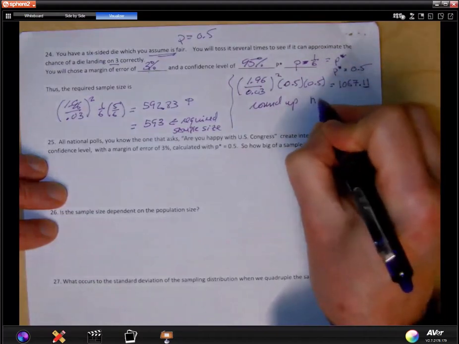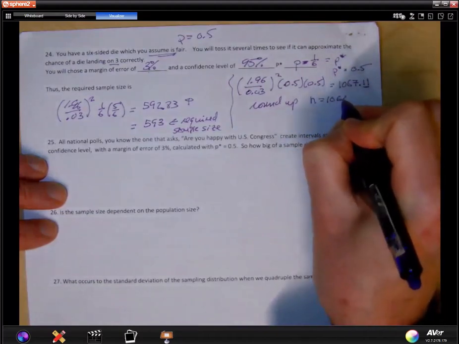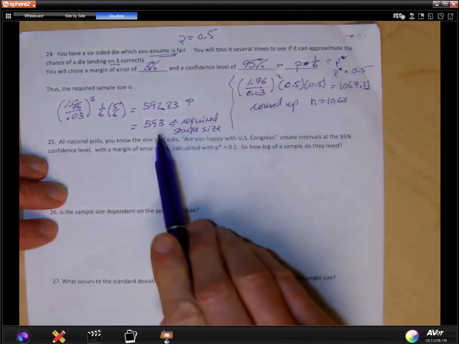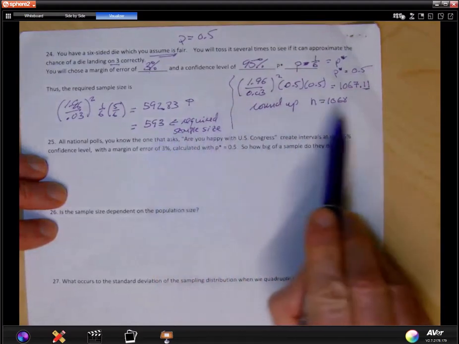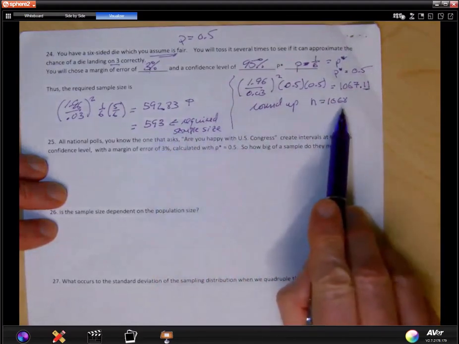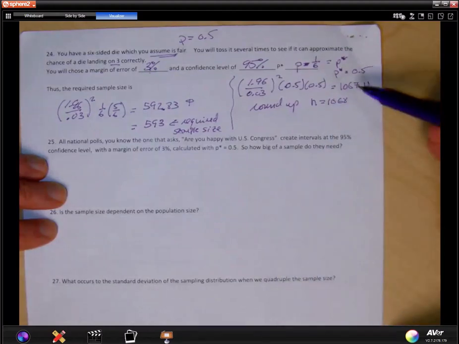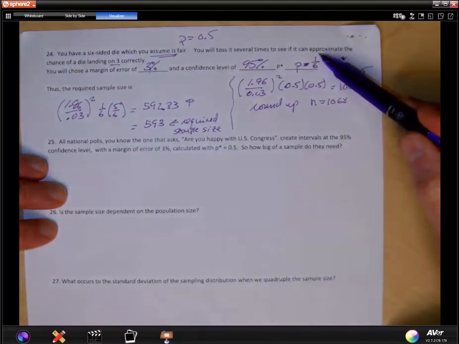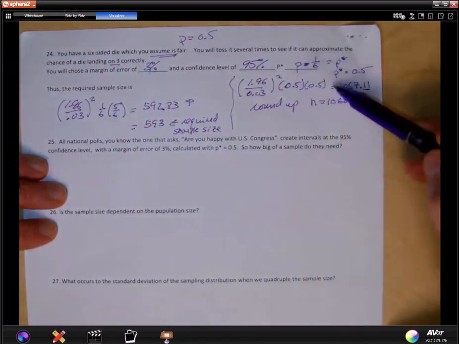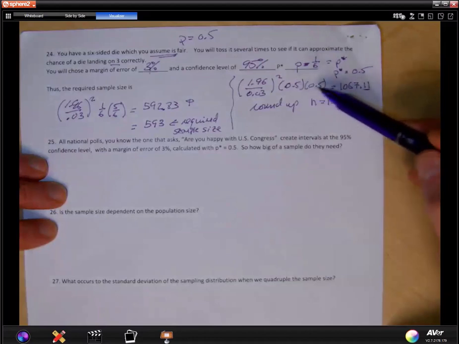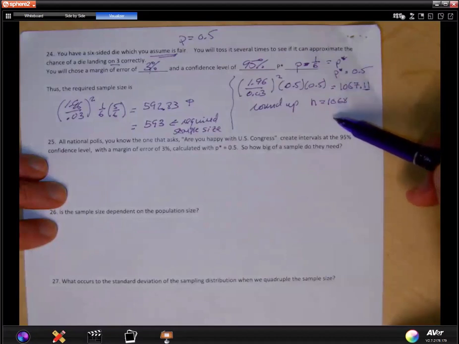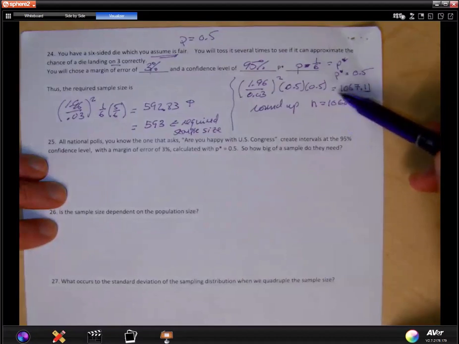So in this case, n is 1068. You'll notice we went from a sample of 593 to one that's 1068. And why is that? Because as p approaches 0 or 1, the variability goes down. If p is equal to 0.9, that means it happens most of the time.